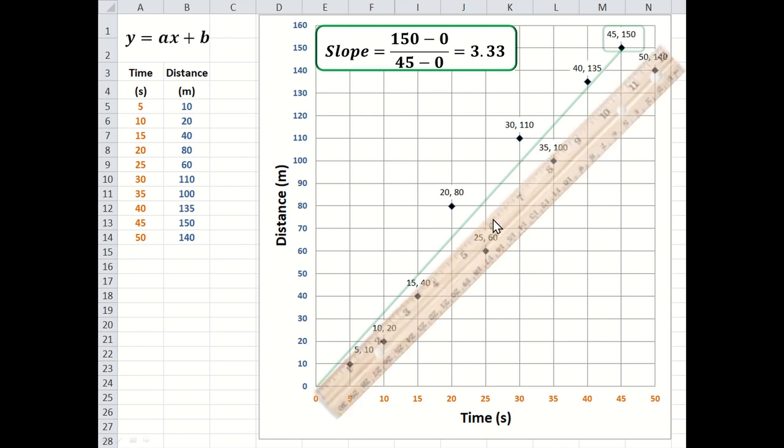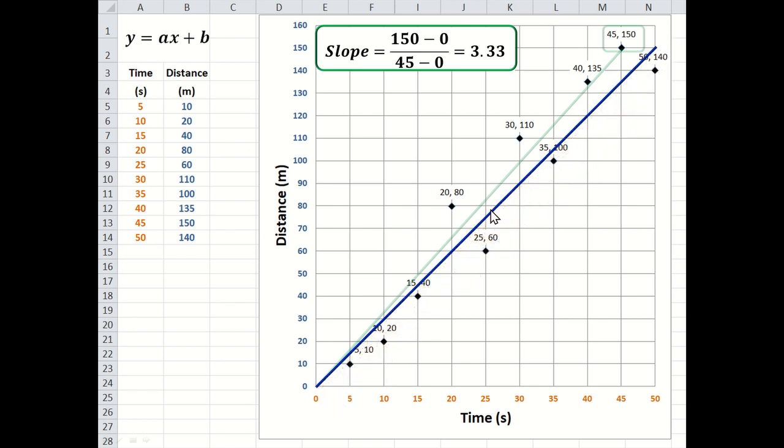What we probably want to do is use a straight edge, and we're always allowed a straight edge on tests and the exam. So what you would do is kind of eyeball it. You would take your best estimate, get some data points above, get some data points below, but draw that line there and try to do your best to get the best average of those data points.